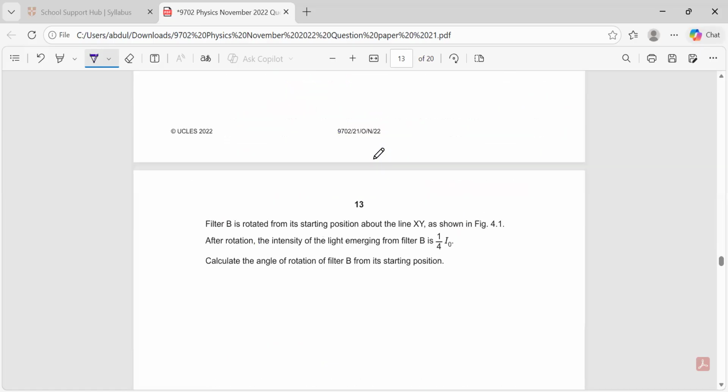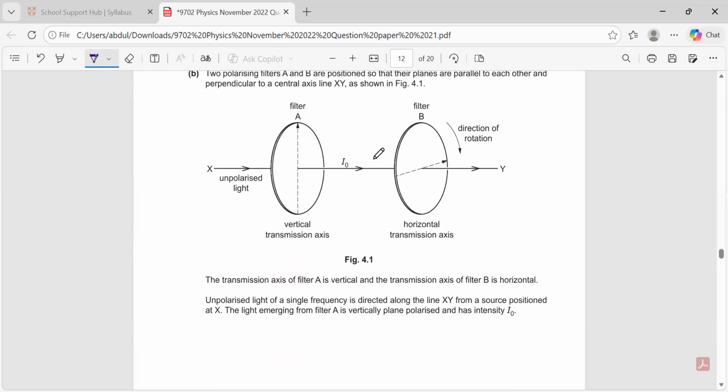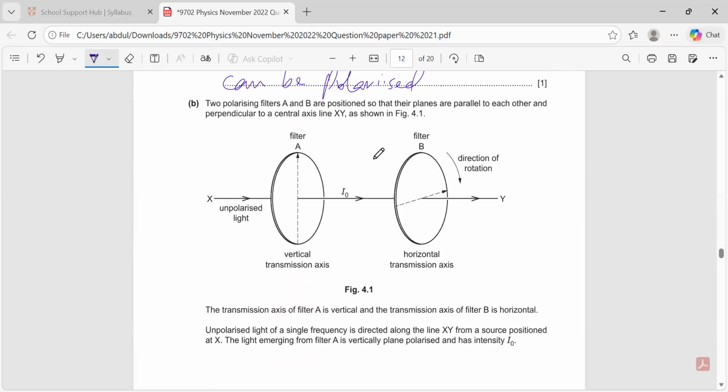Now this question, let's start it. Two polarizing filters A and B are positioned so that their planes are parallel to each other and perpendicular to a central axis line XY, as shown in figure 4.1.